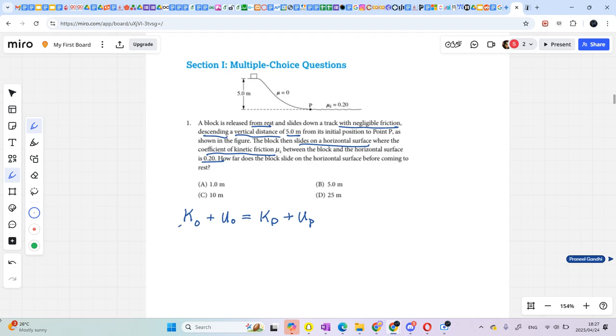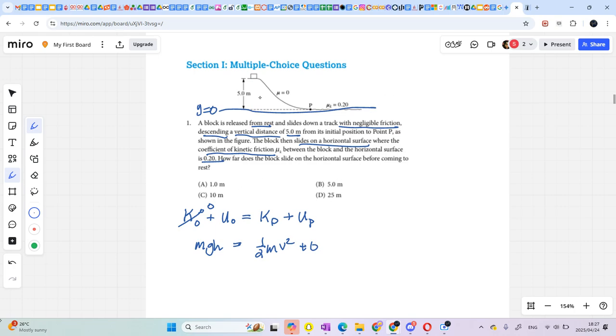That means that K naught is equal to 0, and then U naught is going to be equal to mgh. So I'll just write that down. Kp, which is our kinetic energy at point P, is 1/2 mv squared. And then if we're assuming this is y equals 0, relatively speaking, then the potential energy is going to be 0 at that point.